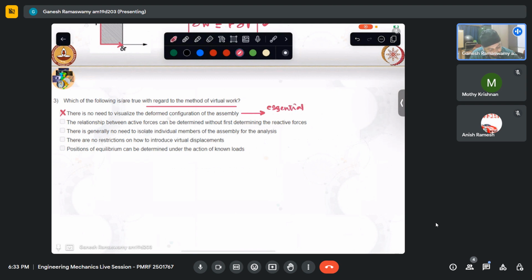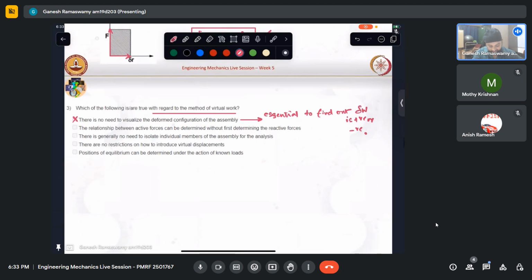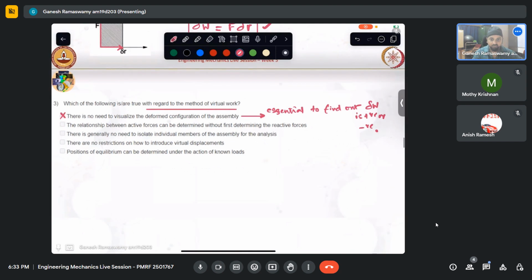Essential to find out delta W is positive or negative, and only when we accommodate that positive and negative nature are we solving the actual problem. So it is very essential to visualize this. Even without this, for engineering acumen, one should be trained to visualize deformed configurations.